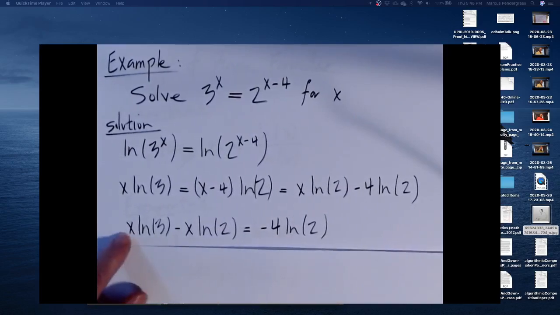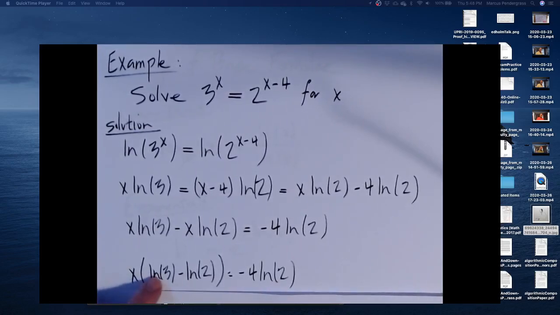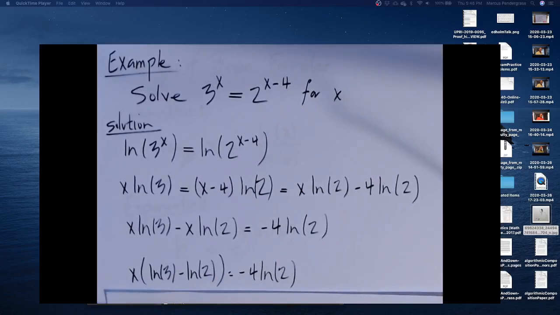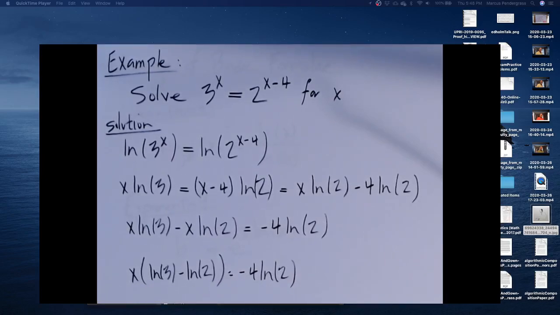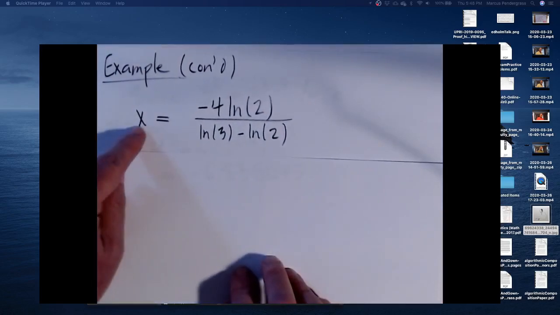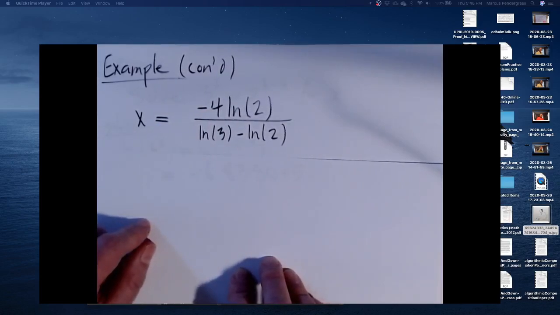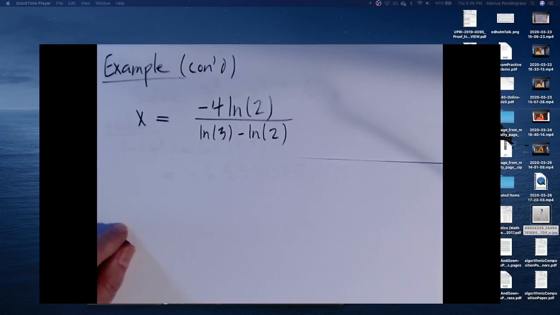Now factor out the x from the left-hand side, so you'd get x times natural log of 3 minus natural log of 2 equals negative 4 natural log of 2. And now I'm just going to divide both sides by this thing in the parentheses, the natural log 3 minus natural log of 2. And so I get that right here. X is negative 4 natural log of 2 divided by the quantity natural log 3 minus natural log of 2.